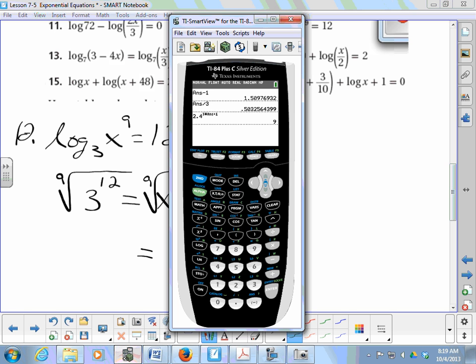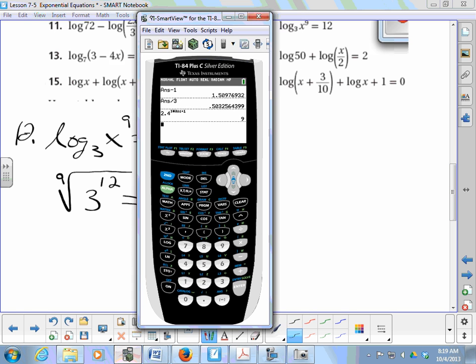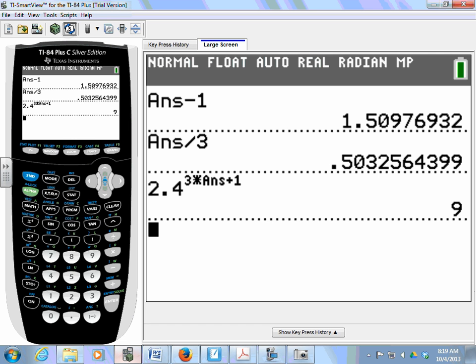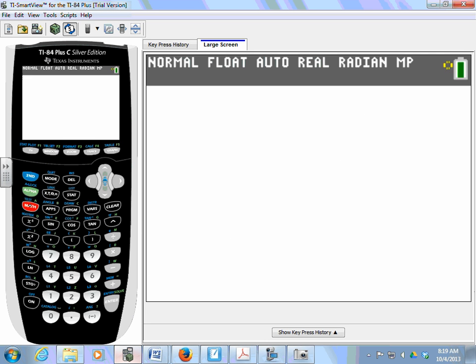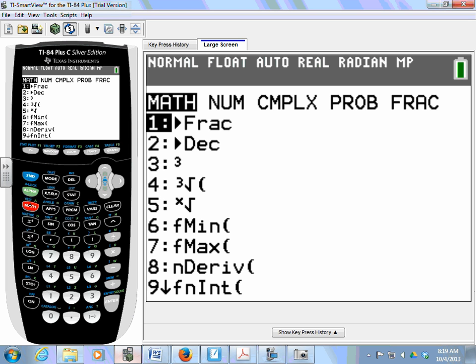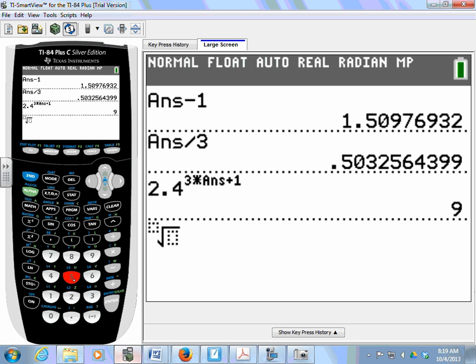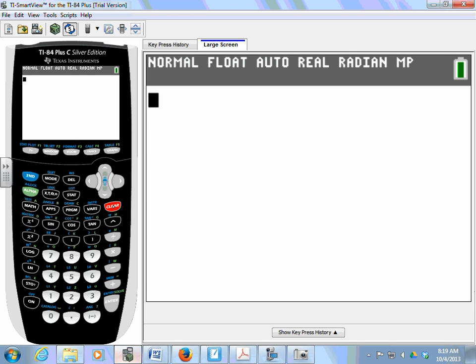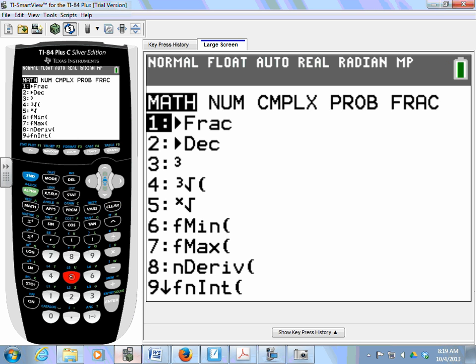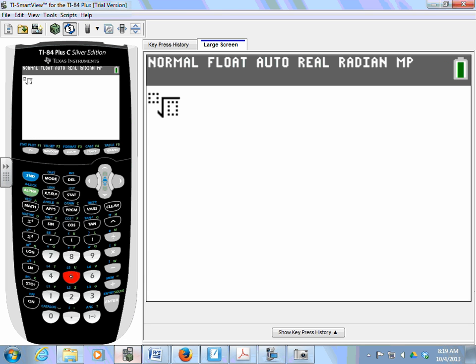Where's that? There we go. So if you go to math and number 5, we can put whatever number we want here in the index.